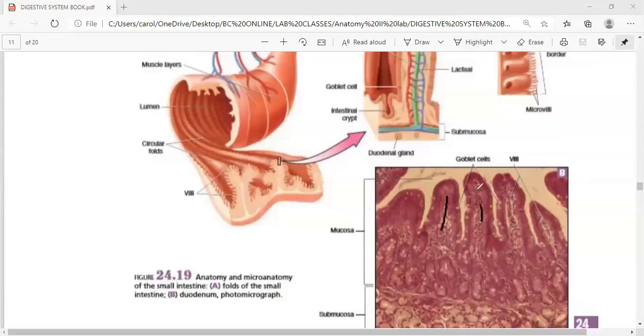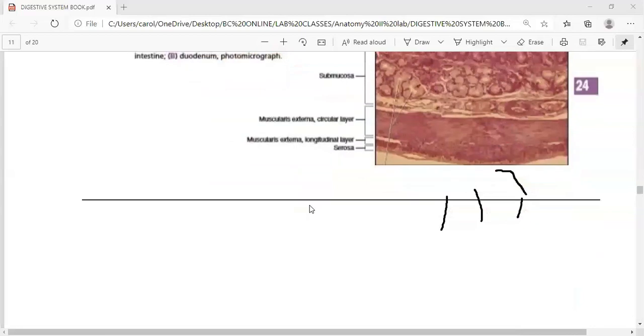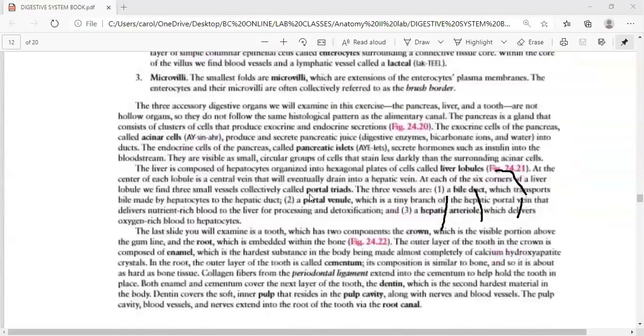So these ones are going to be the villi right there. And obviously right here on top of that, you're going to have the microvilli. And in here in the border, you're going to have the brush border enzymes that are going to help us with digestion. So then if we scroll down right here, we have what I just mentioned in there, the villi, the microvilli that are going to be basically help us to absorb the nutrients.